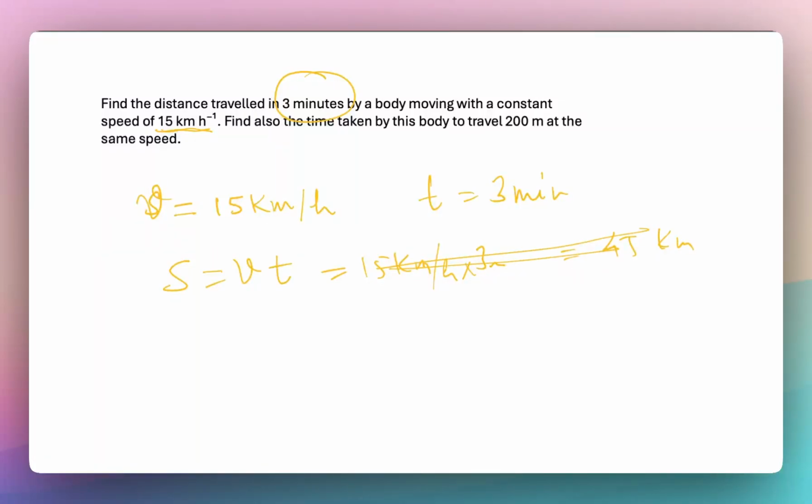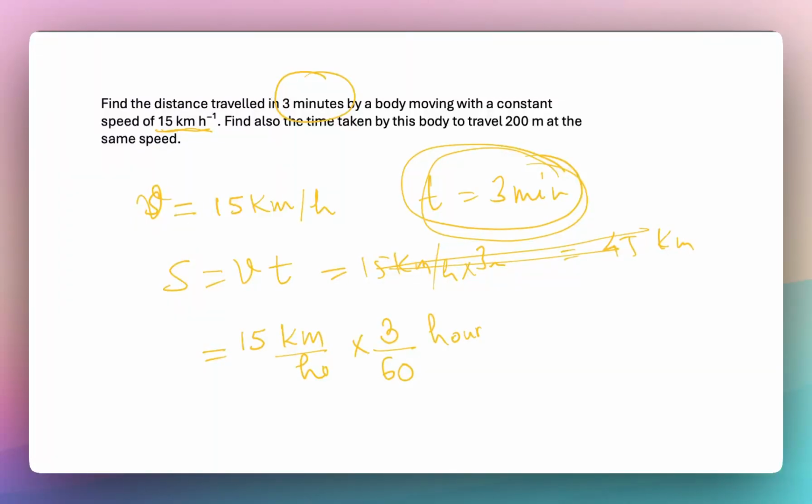We have to ensure that when we are putting the time here, we have the proper unit. So velocity is 15 kilometers per hour. My time also has to be converted to hours, right? So 3 minutes is going to be 3 by 60 hours.